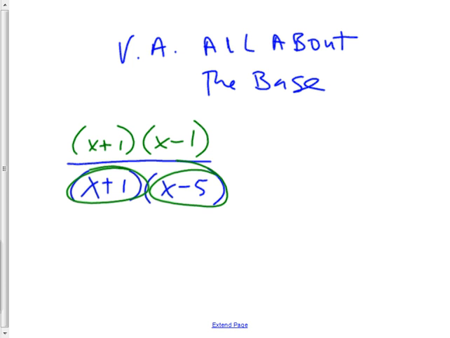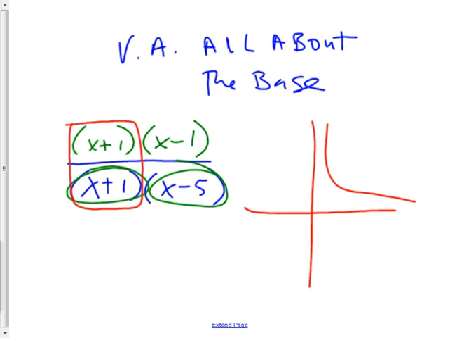It's good to do that because then you'll notice things like this. That puts a hole in your function. If there's something on the top and something on the bottom that are the same as each other, then that creates a hole in your graph. Your graph could be going along happily like this, and then at -1, let's say right here, it would have a hole in the function.